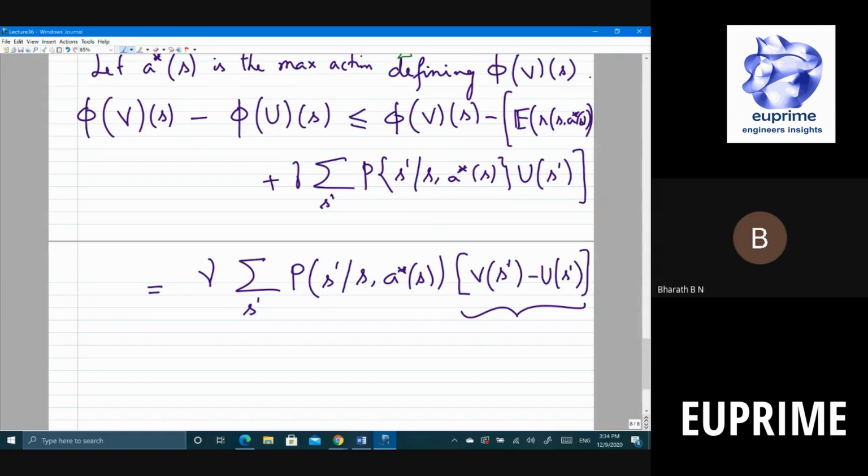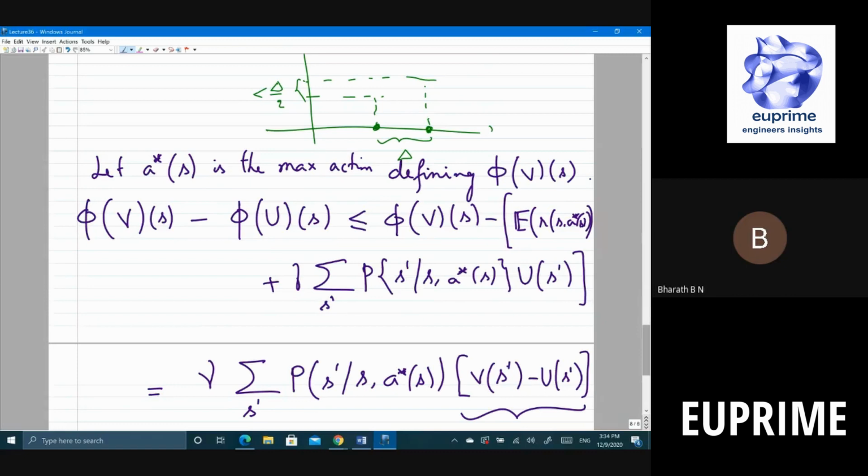Okay, there is one small thing that I have to do, right? I think I didn't highlight this. Okay, let me highlight this. You understood, right? This is with respect to this quantity.